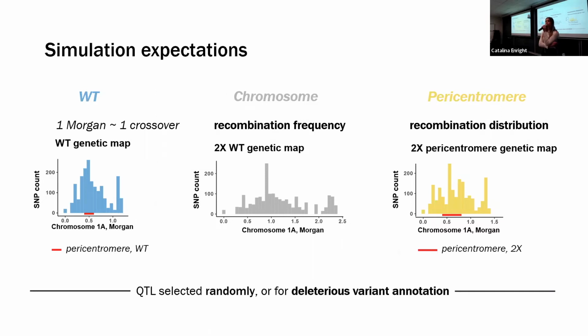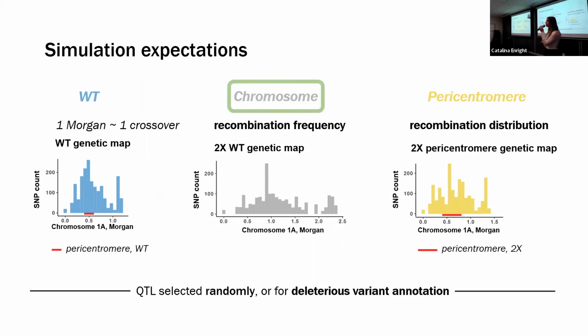So getting into our expectations, given these parameters and inputs, I'm going to refer to these map types as the wild type map type in blue, where we never changed the recombination or the genetic map; the chromosome map type in gray, meaning that we changed recombination across the entire chromosome; and the pericentromere map type in yellow, meaning that we changed recombination just in the pericentromere.